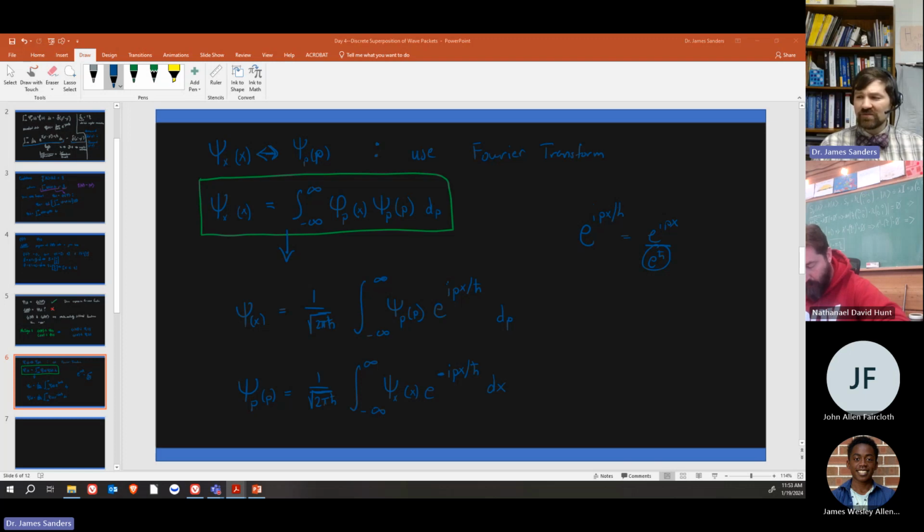He does it, I think, with 2 states or 3 states, and then I have it for more states. And so we'll pick up with discrete superpositions, which is wave packets and uncertainty, and that is section 6.2 to 6.3. So that's where we'll pick up next time. All right.